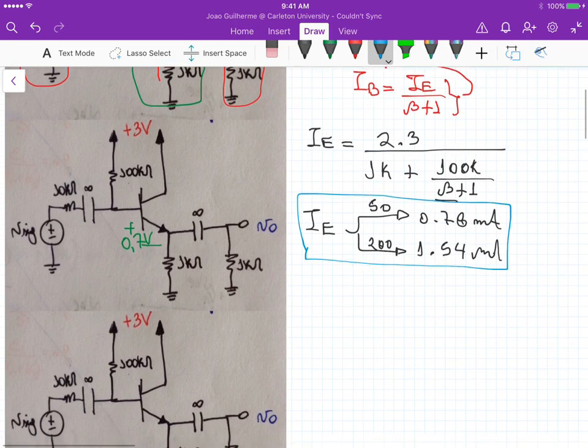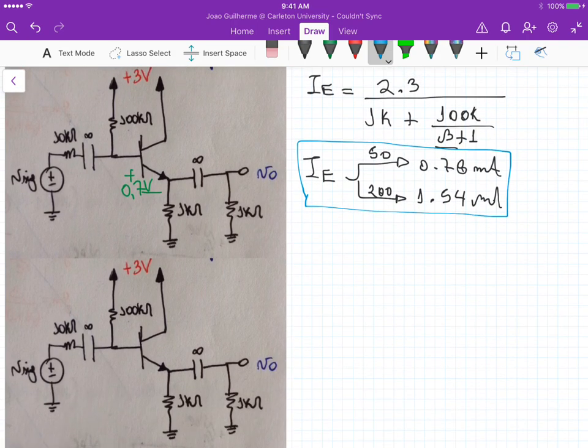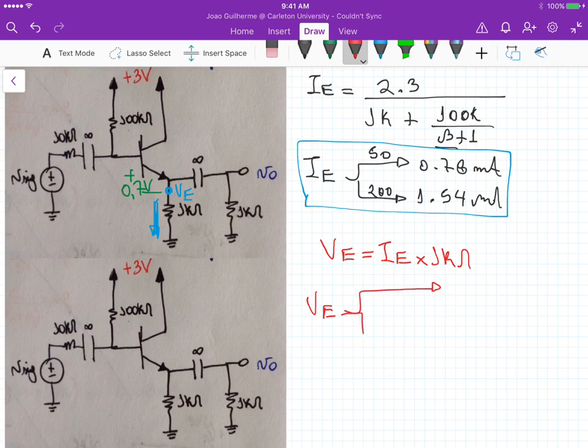So now that we know the emitter current, the current that's flowing through the emitter here, we can calculate VE. So we know that VE is equal to the emitter current times the emitter resistance, 1K ohm. And this gives us two values of VE, one for 50 and another one for 200, right?